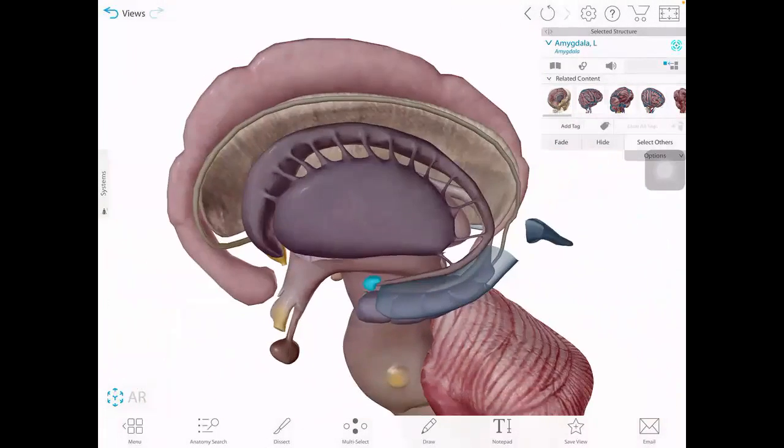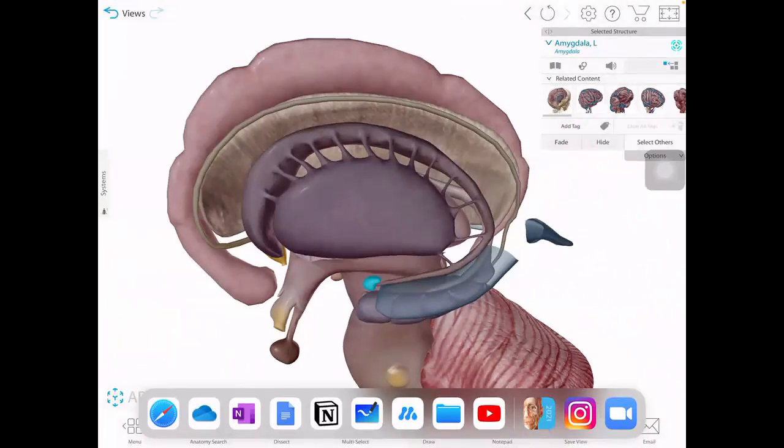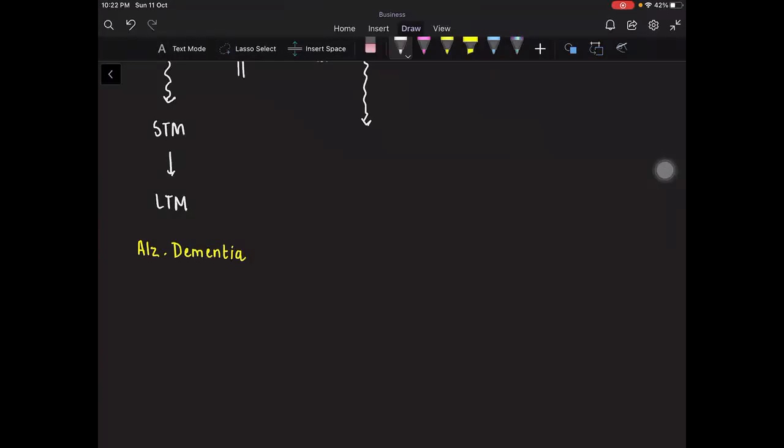Now, what does this very, very small area do? What is the function of this area? Anyone? Emotions. It's the fear center. Fear. And one more thing. Emotional memory.